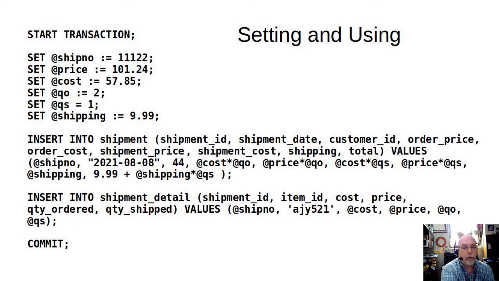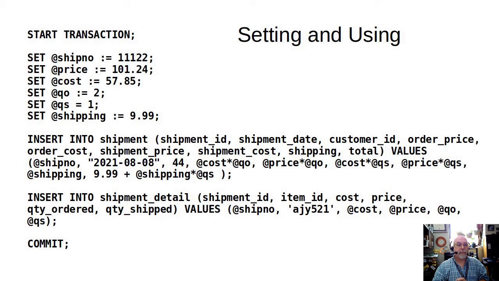Notice then when we're inserting into shipment where we have our values clause, we use the variable name @shipno, or @cost times quantity ordered, and @cost times quantity shipped. So you can see that it's using the values that are stored in the variables to execute the SQL statement.